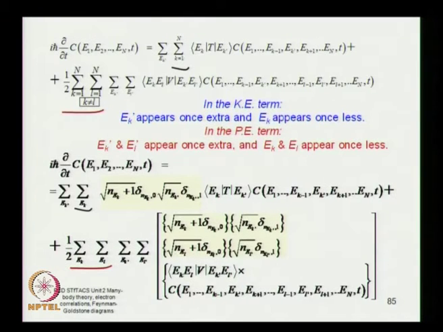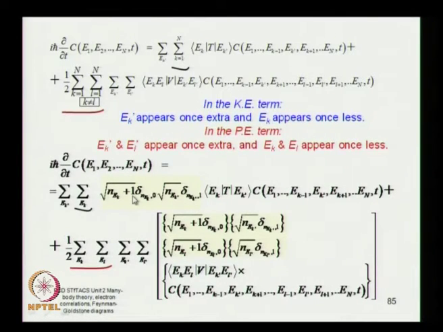But you must also carry this information about the occupancies. So, let us do that. To be able to do that, I plug in the information about the occupation numbers explicitly over here.